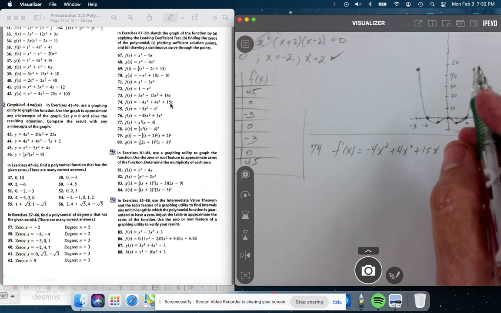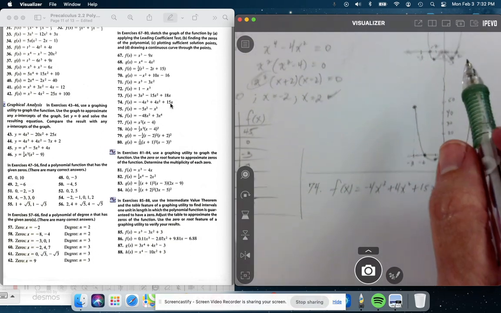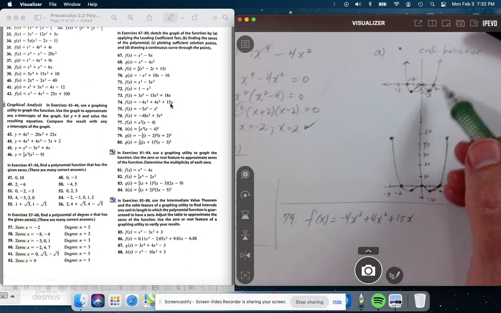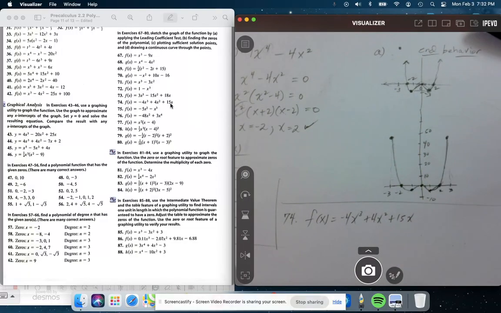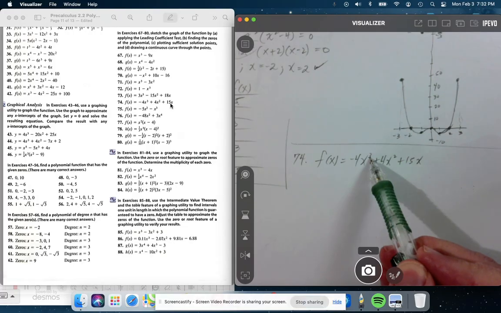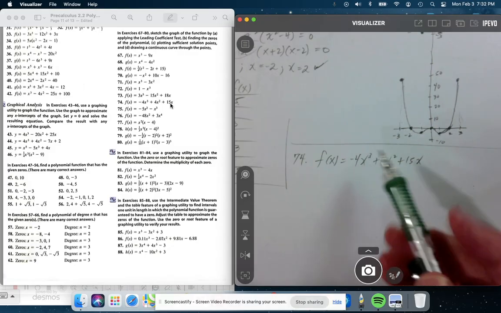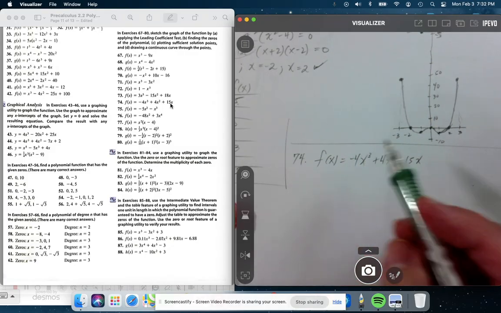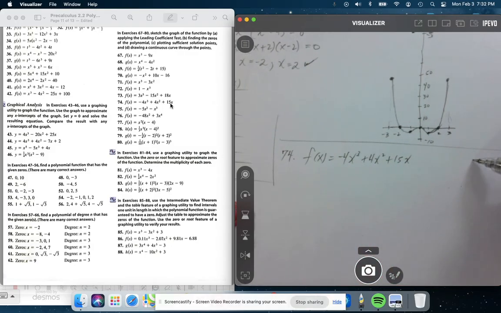So first of all, I want to look at the leading coefficient test, which is looking at end behavior, right? Based on the fact that this is x to the 3rd, that's an odd power. So that means you're going to have one arm up, one arm down, right? But you have a negative, so it's going to be flipped over.